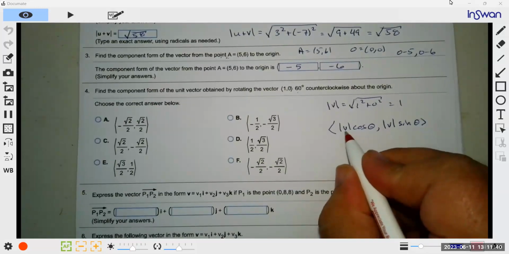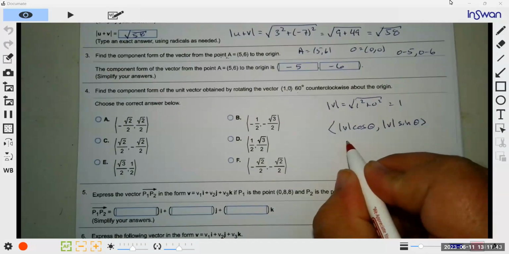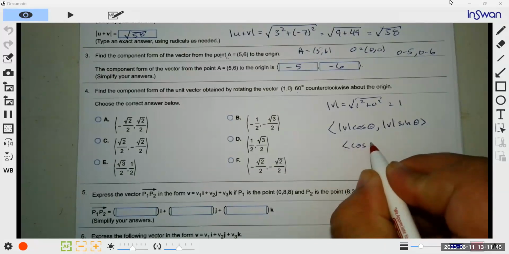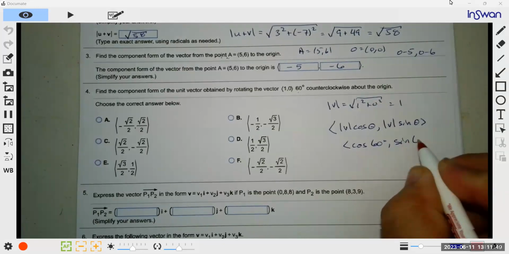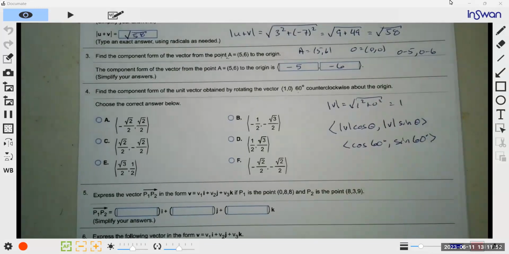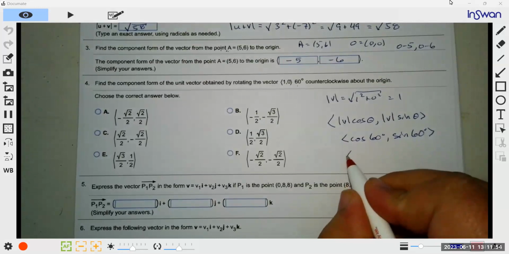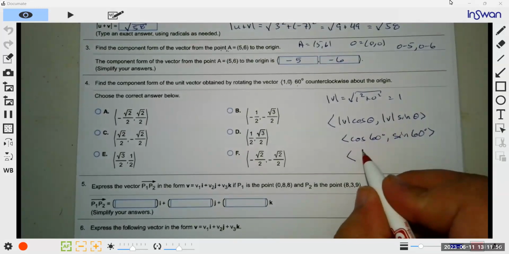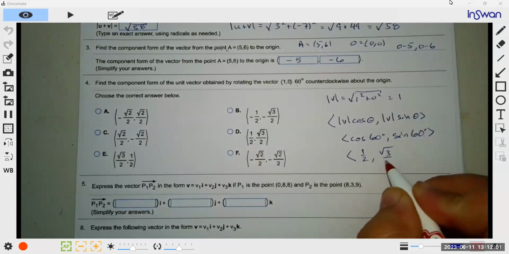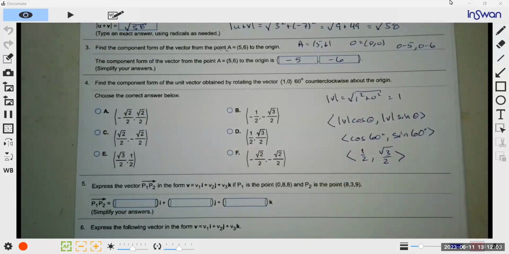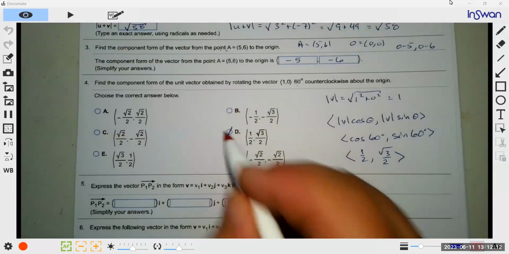Since the magnitude is 1, we just have cosine of 60 and sine of 60. Cosine of 60 is 1/2, and sine of 60 is radical 3 over 2. So the answer is D.